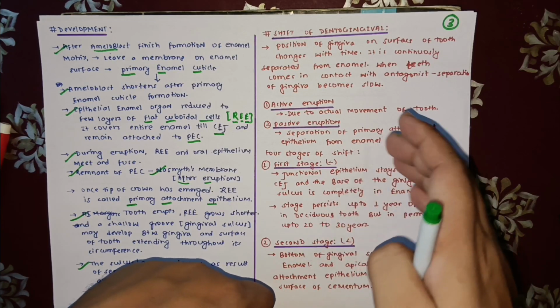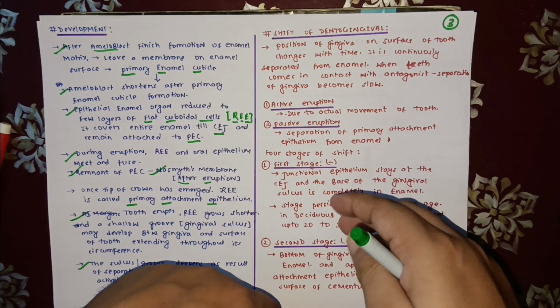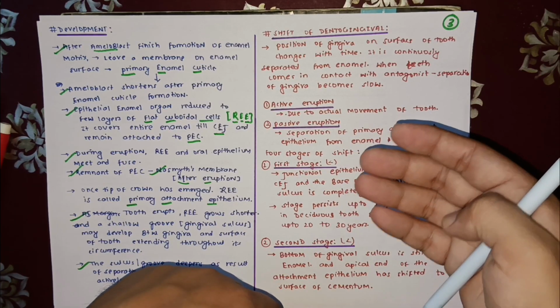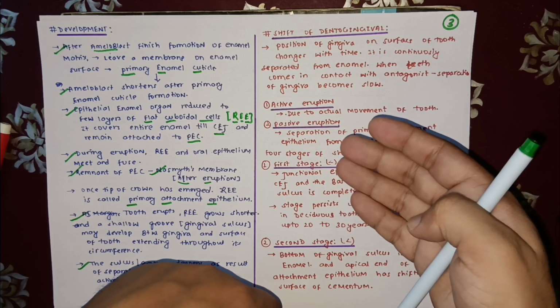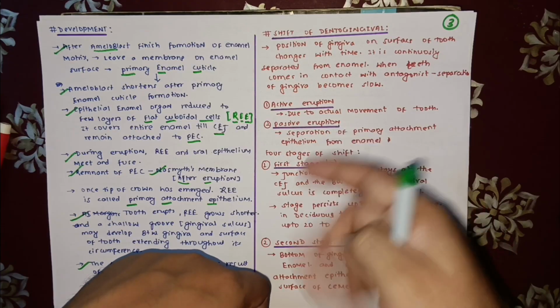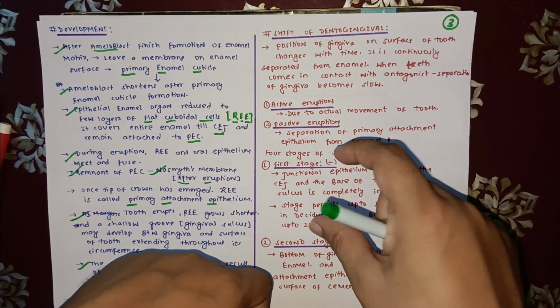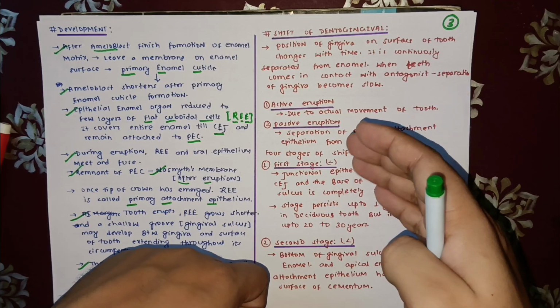As I have told earlier, when it is not erupted it is called the reduced enamel epithelium, but once the tooth erupts in the oral cavity, it is called attachment epithelium.